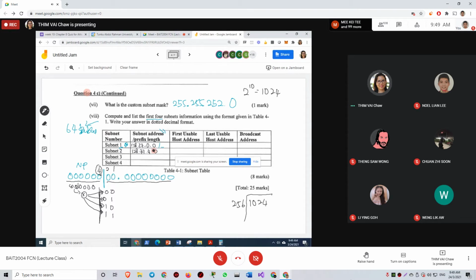Because remember, I told you the network portion all becomes 0. This is the address we're talking about, how the hosts are going to change until you have the first host, then you change. Total up here, you have 1024 addresses. So I divided here because I wanted to find out my magic number.